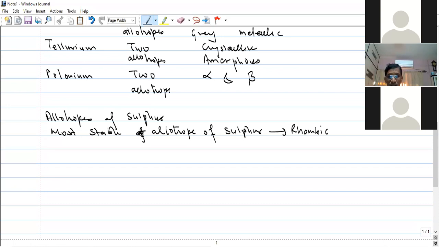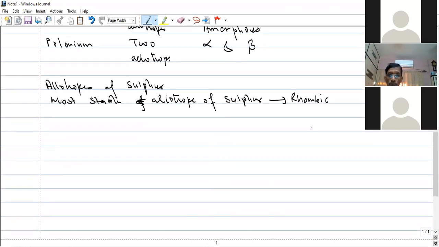So all allotropes of sulfur are finally converted into rhombic sulfur. Therefore, we say that rhombic sulfur is the most stable, more stable form of allotrope. Rhombic and monoclinic.